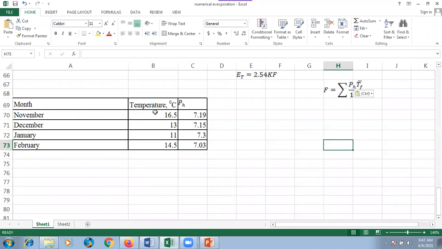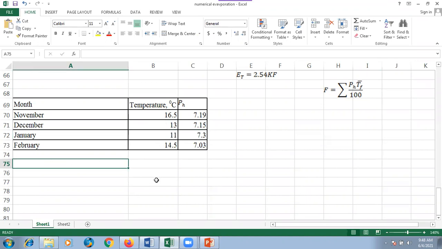Now, please remember one thing I said earlier: in using this equation for consumptive use factor determination, this uppercase F, the temperature substitution, this TF, should be in Fahrenheit. The given data represents temperature in degrees Celsius.